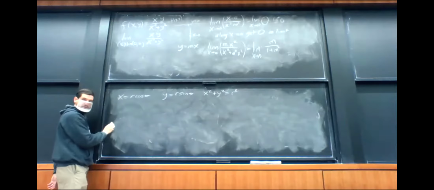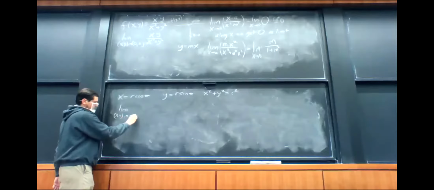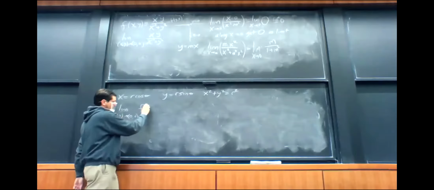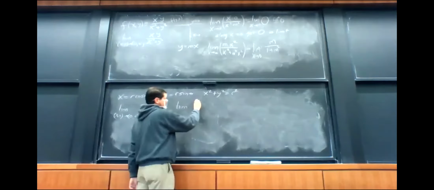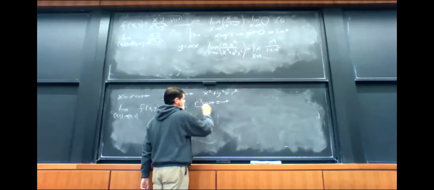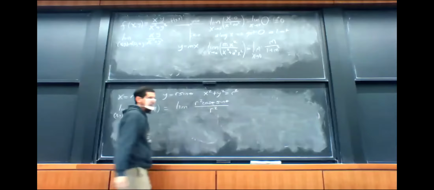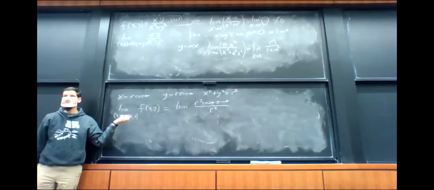The limit as (x,y) goes to (0,0) of f of x,y is the same as the limit of r squared cosine theta sine theta over r squared. And now as (x,y) goes to (0,0), what must be true about r? What does r go to?